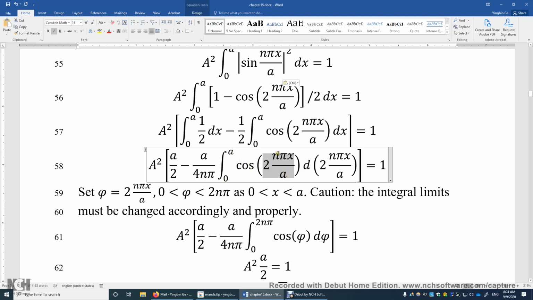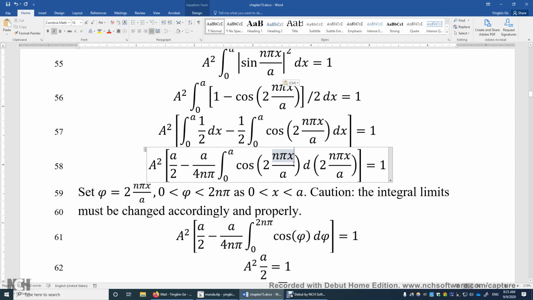You just need to change the lower and upper limits for z correspondingly. So if z is defined this way, you just plug in x equals 0 here, and at the upper limit you plug in a, giving 2 n pi. The integral of this is a sine function, sine 2 n pi x over a. So you plug in x equals 0, you get sine 0.